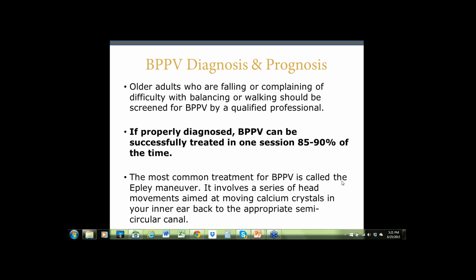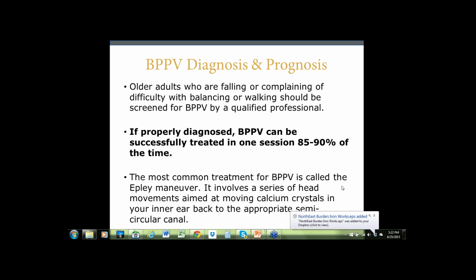That's recommended for all older adults, especially those having chronic unexplained repeated falls. In fact, I just got an article last week from a member of my vestibular study group, which I shared with Cynthia, and she's going to make a reference available for the audience. It described a study published in Taiwan showing that people with BPPV have an increased risk of fracture when they fall. So it's not just falls, but also fractures that are more common in people with undiagnosed BPPV.